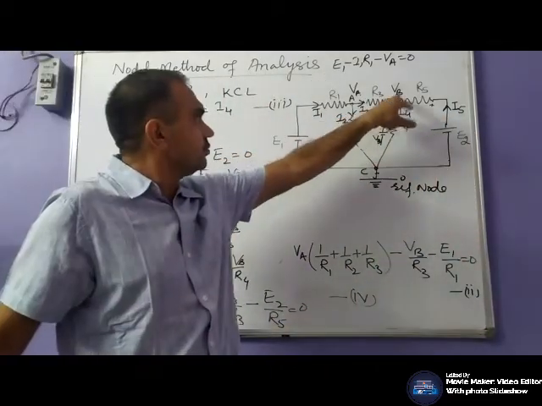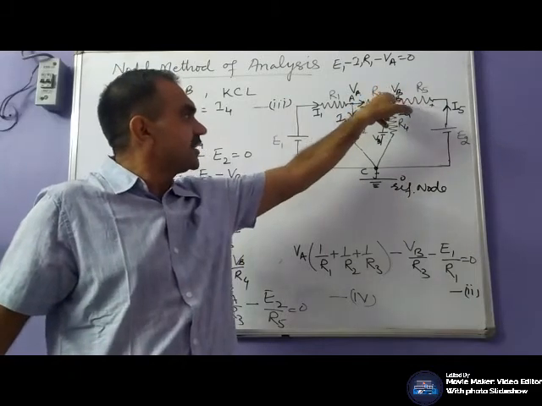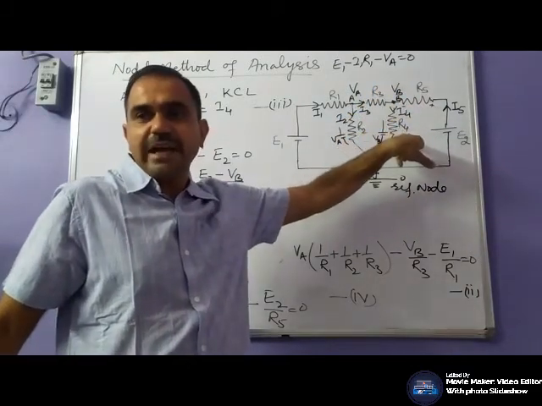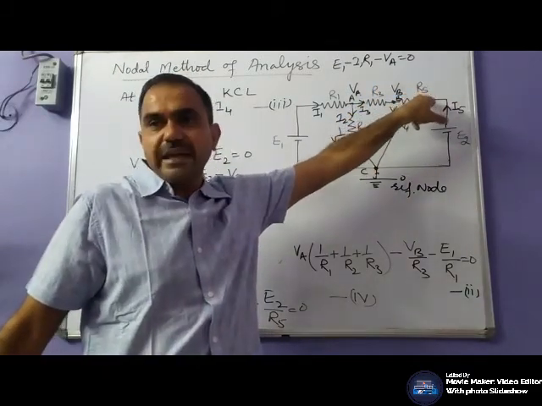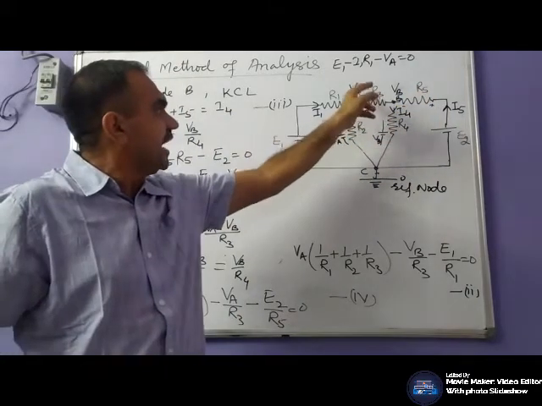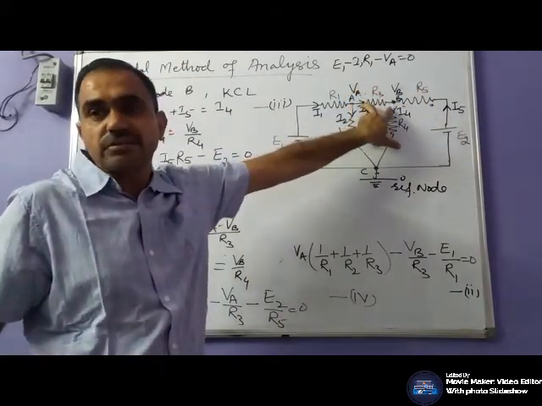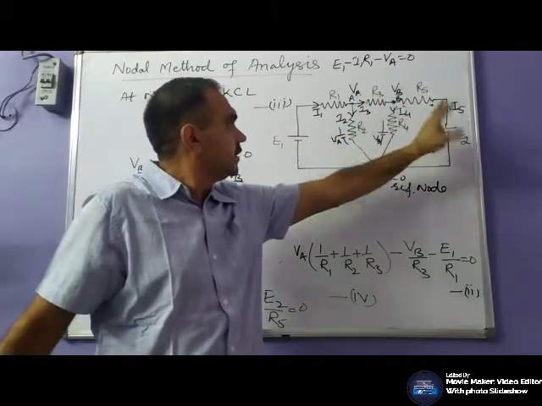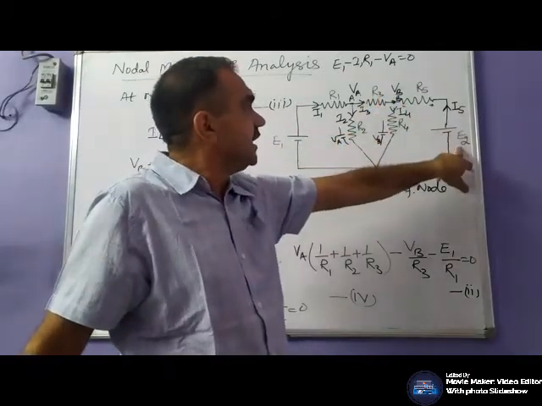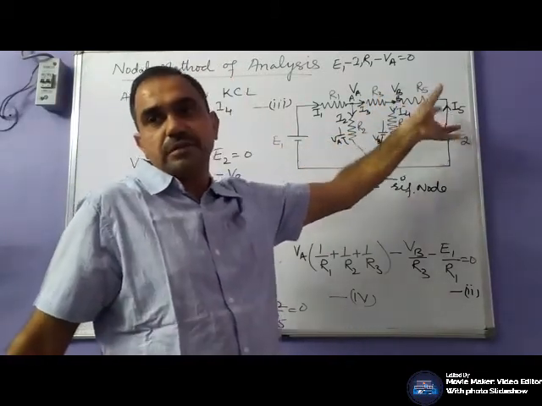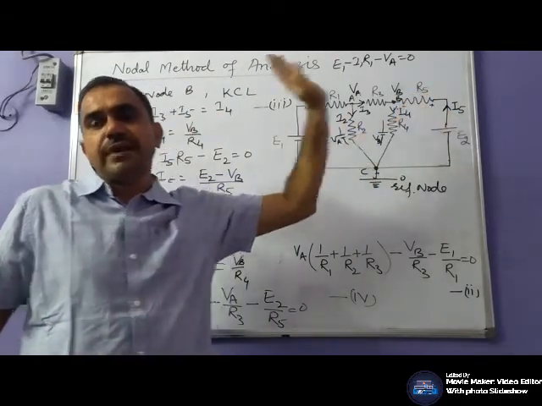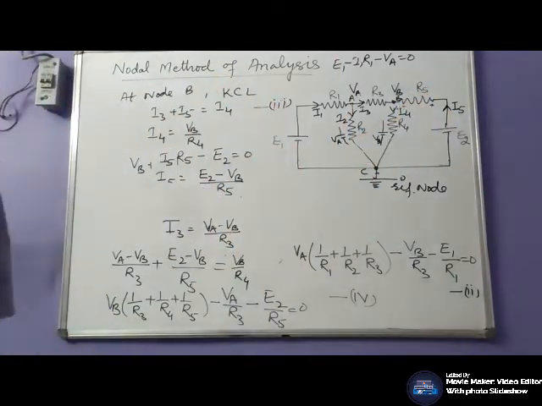Likewise at node 2, VB into 1 by R3 plus 1 by R4 plus 1 by R5, minus VA by R3, the resistance between them, minus E2 by R5, जो भी resistance we have in that branch. Simple.